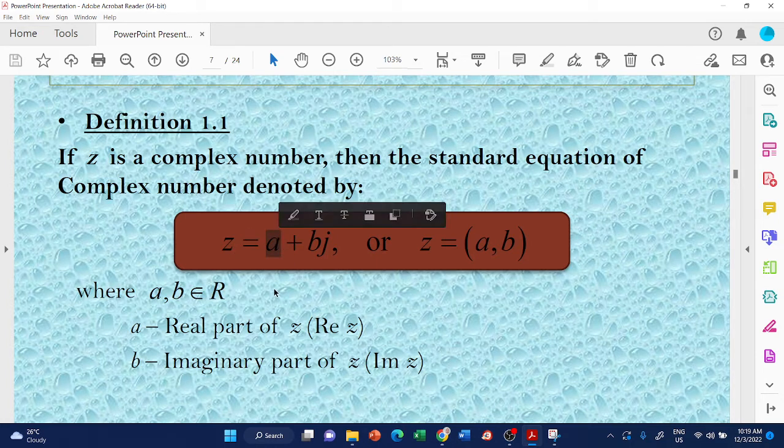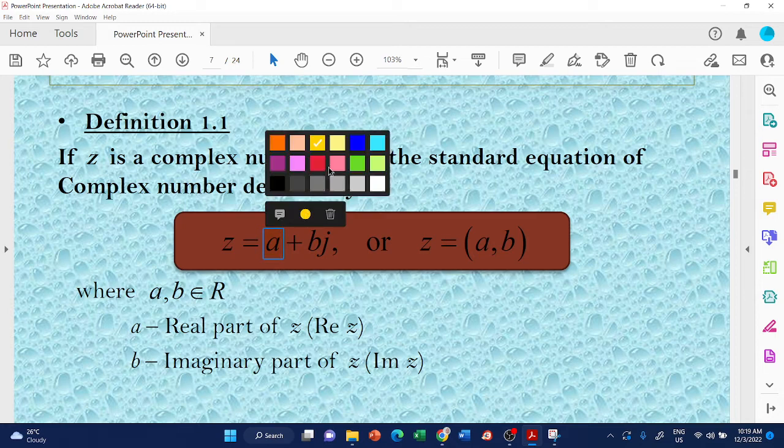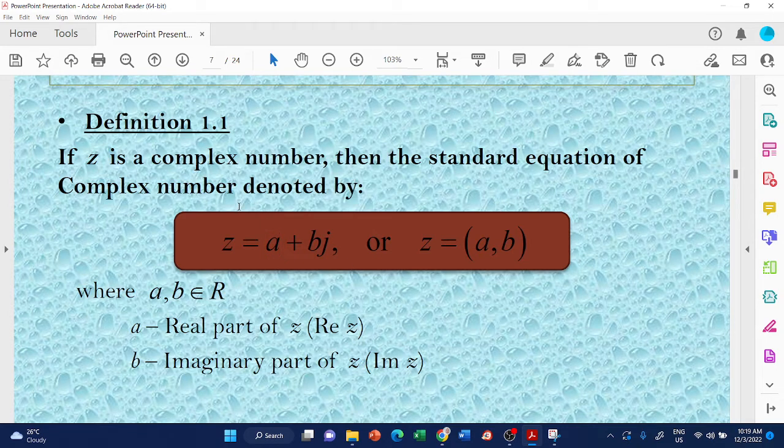A yang medium highlight tadi kan. A ni adalah nombor real. Tadi Madam dah explain kan real number. Okay.